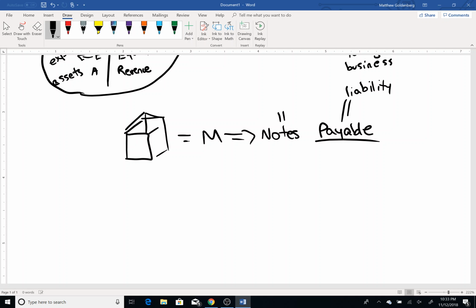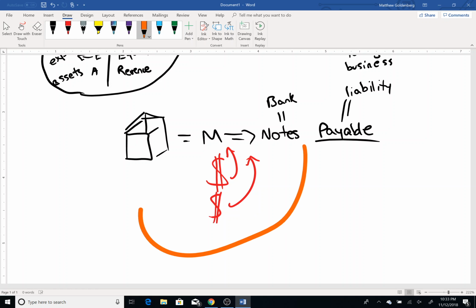Notes are a clue of bank. Now what happens is that, let's draw it in red, if you can't pay this loan, if you just don't have the money and you go bankrupt, then the bank can repossess your house and try to recoup losses.